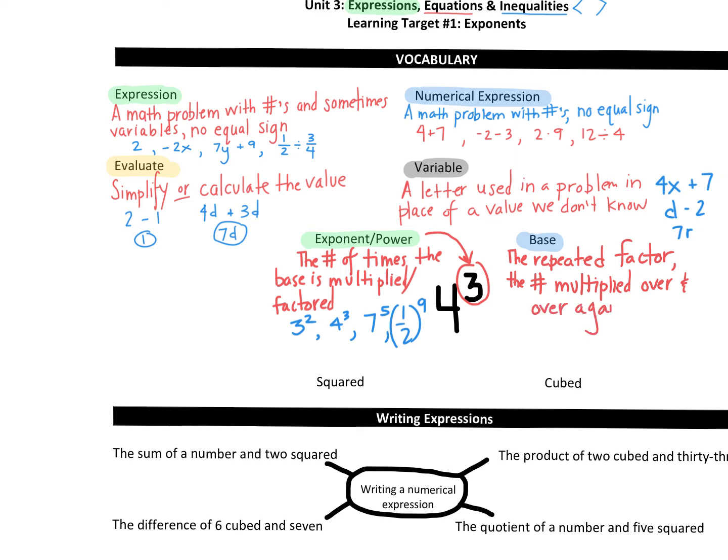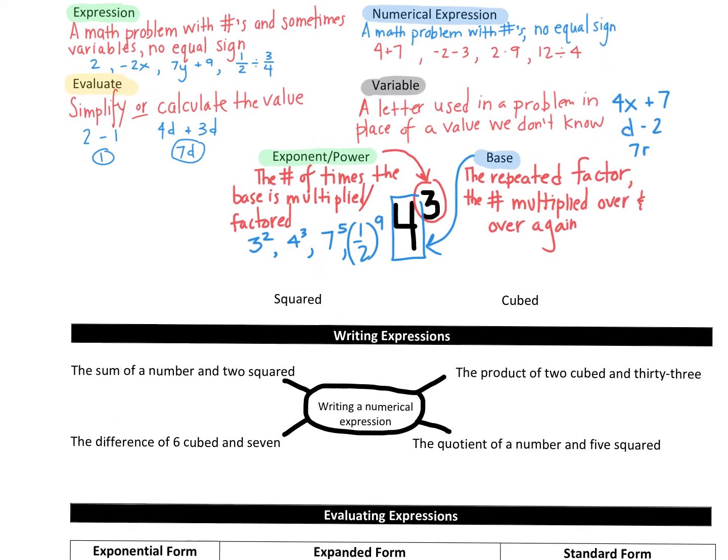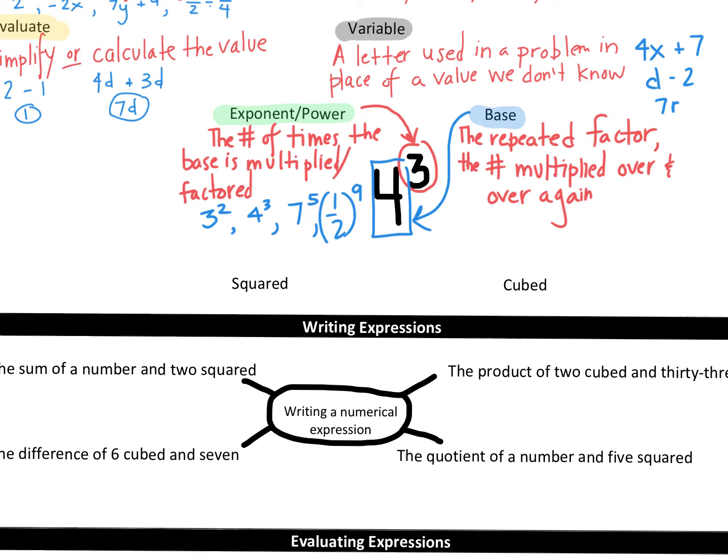Okay? So let me show you where that is. This right here is the base, that big number. Make sure you draw your arrows, okay? So the base is the one being multiplied, and it's the factor being multiplied, and the exponent tells us how many times we're going to multiply that out.